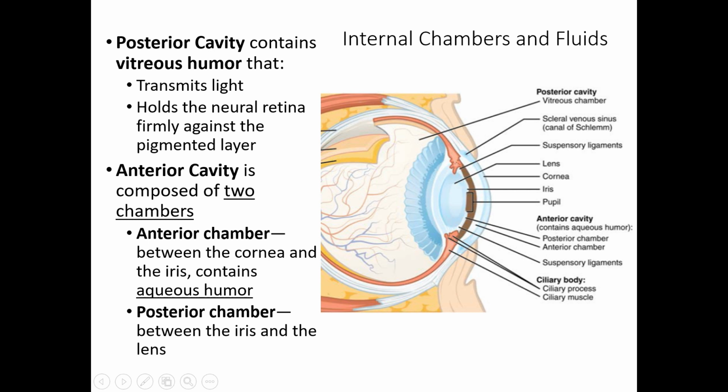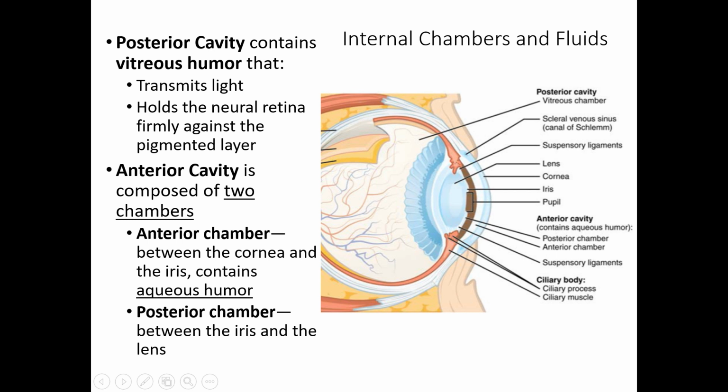Okay, so all the inner portion of the eye is divided by a lens into posterior cavity, which is filled with vitreous humor. Vitreous humor is a gel-like structure that is transparent and it holds the retina attached to the eye wall.